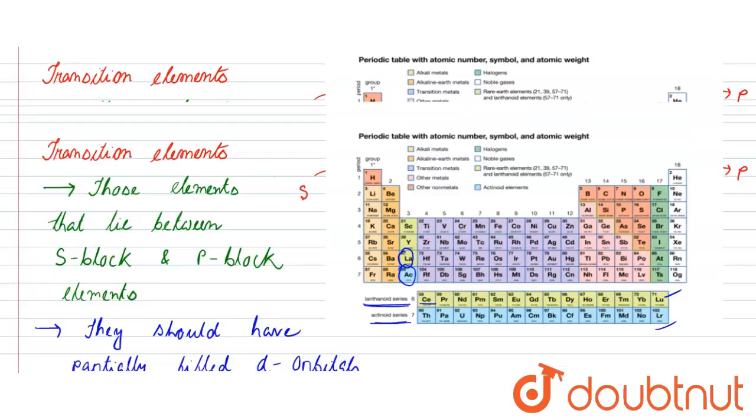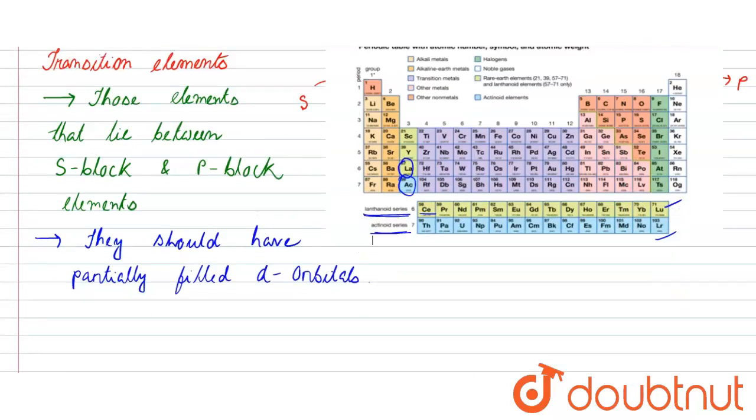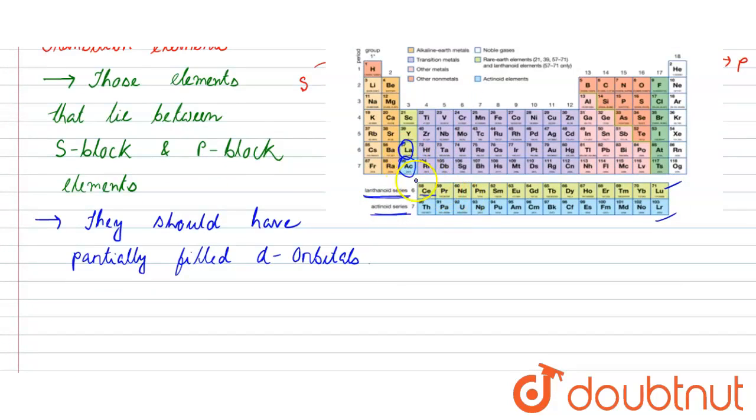We are asked what are inner transition elements. As the name suggests, these are transition elements that are lying inside the transition elements. That's why we call them inner transition elements. These elements that form the F block are known as inner transition elements.